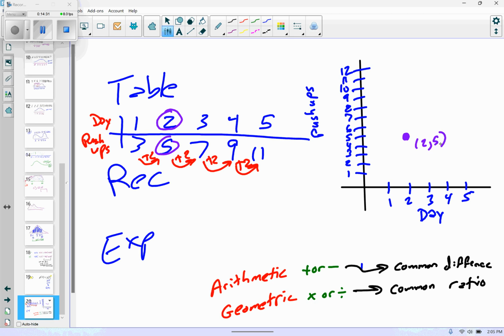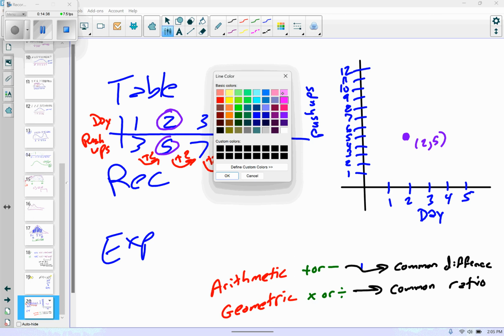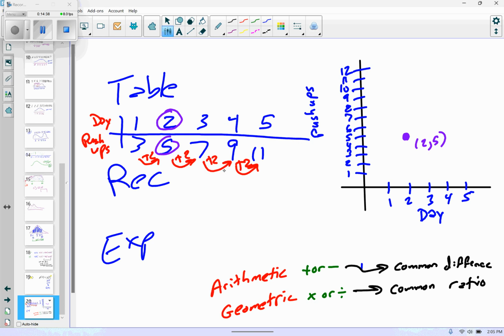Okay. All right. Can somebody give me another point from our table that we might be able to use, other than Frank? 1 and 3.